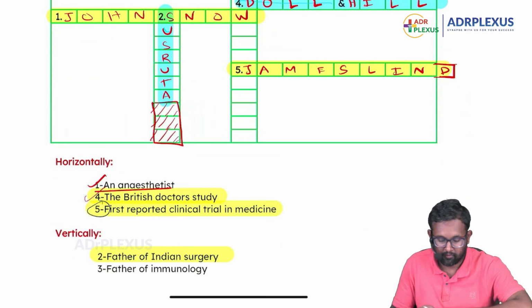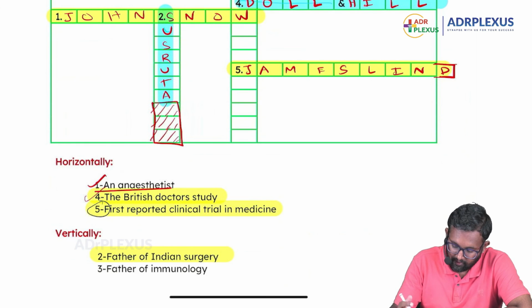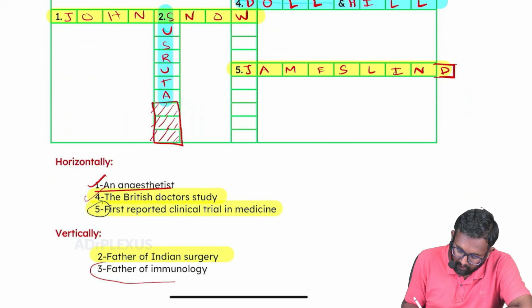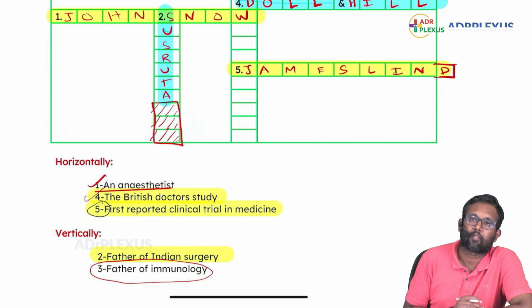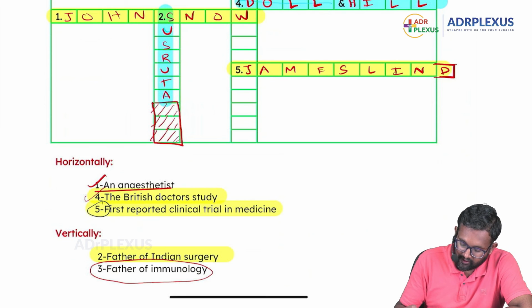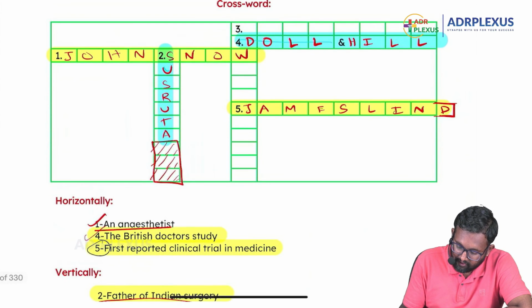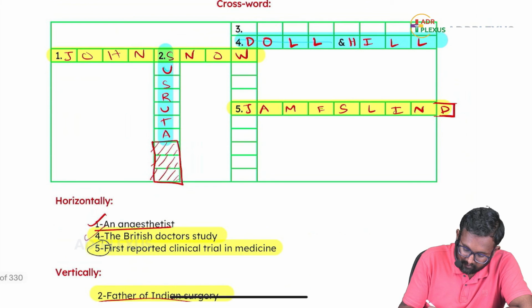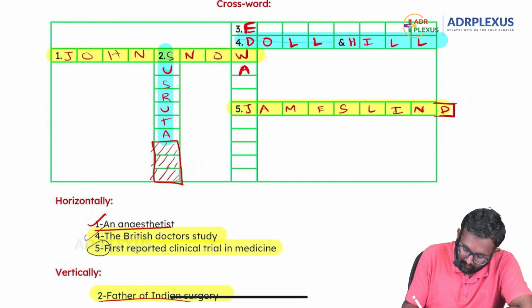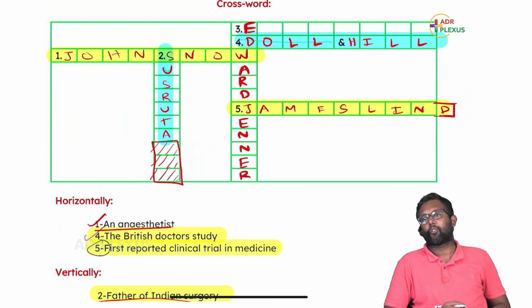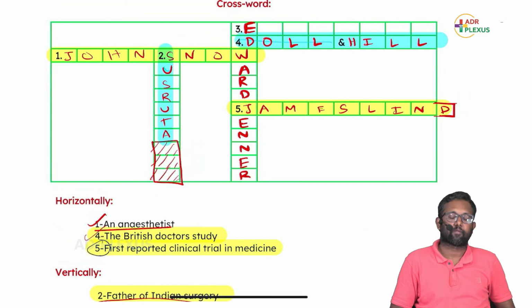It's okay, no problem. Sushruta. Next question. Who is the father of immunology? Yes, good. Edward Jenner. The father of immunology is Edward Jenner.